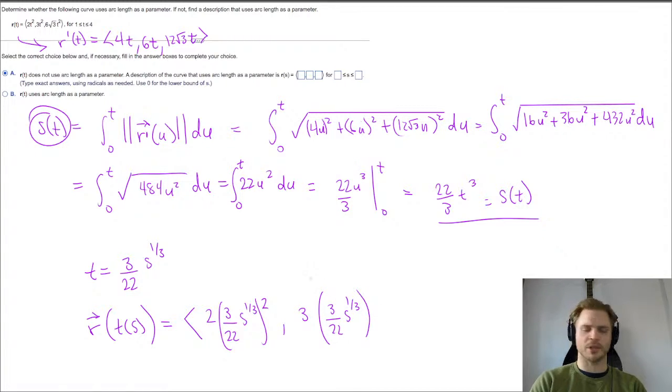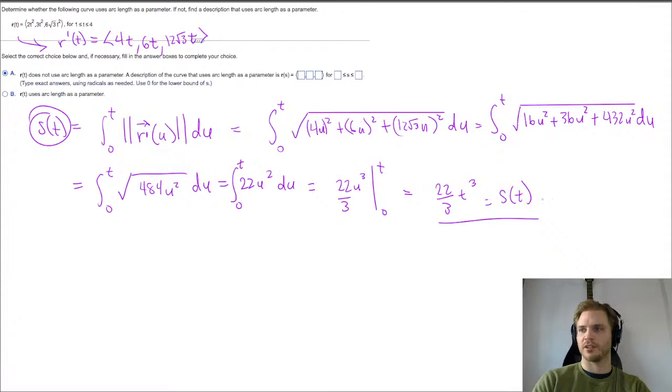Oh, look, I messed up. I was a little glib when I solved that. So 22 thirds t cubed equals s. So multiply both sides by 3 over 22, we get t cubed equals 3 over 22 s.